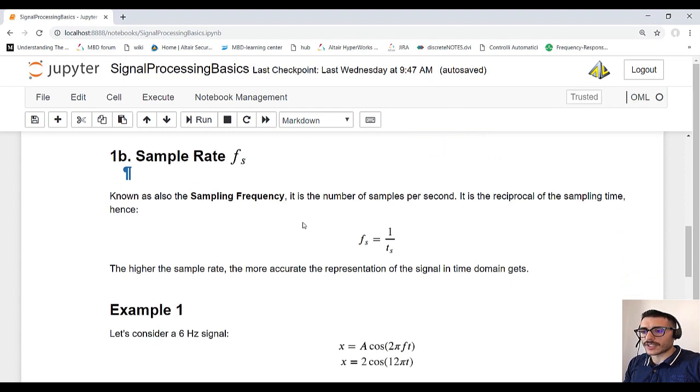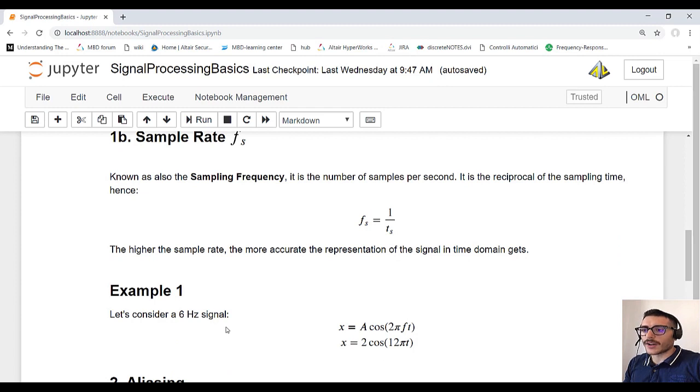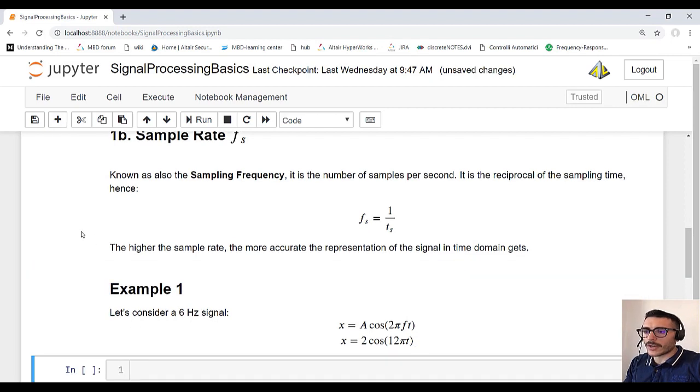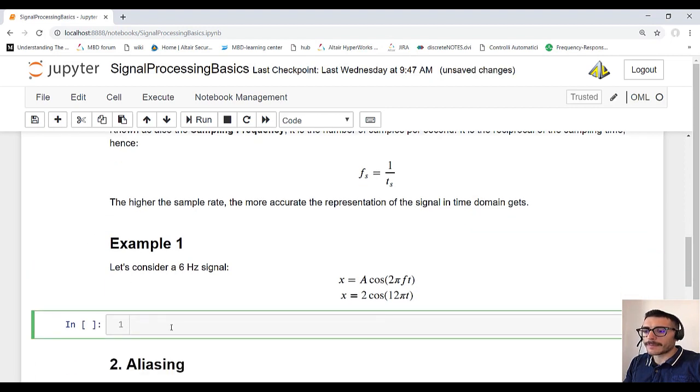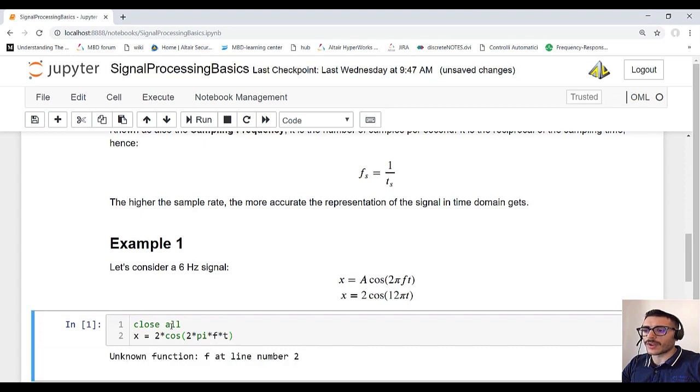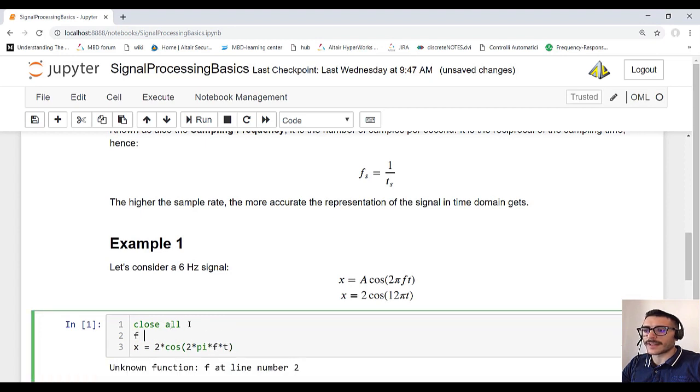But let's have some practice with it, and let's solve this first example. Our goal here is to plot a 6-Hz cosine wave. So I'm going to insert a new cell, and I'm going to type the signal expression as the one written above. If I run this script, of course I will get an error because we have defined neither the frequency nor the time.